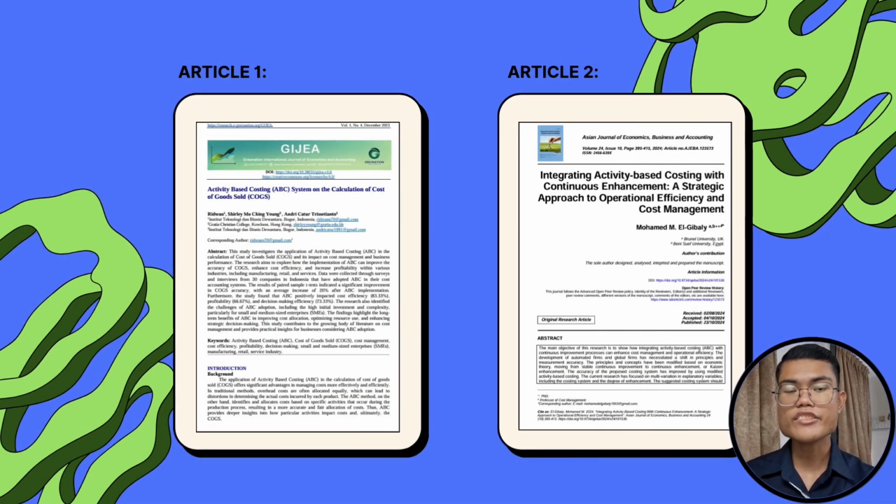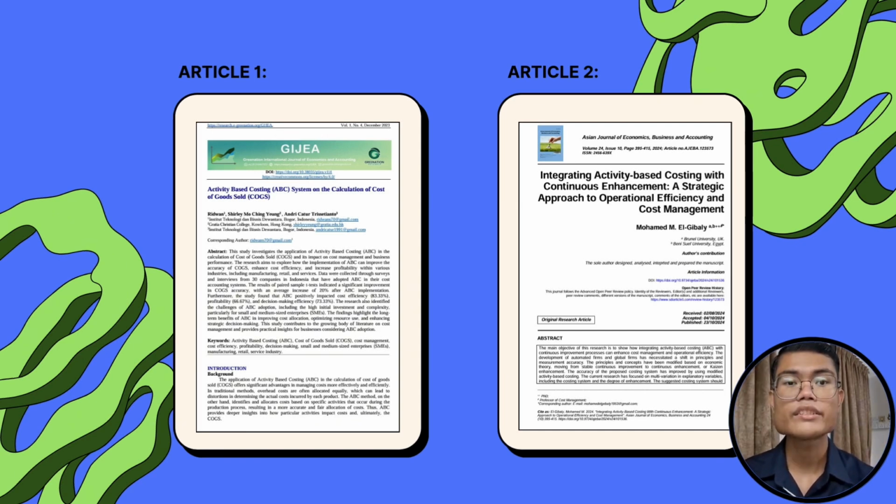To understand the advantages of activity-based costing, I reviewed two journal articles. The first article is titled Activity-Based Costing (ABC) System on the Calculation of Cost of Goods Sold (COGS). This article shows that ABC improved cost calculations, supports better decision making, and strengthens profitability. This study also reported that the accuracy of cost of goods sold calculations increased from 65% to 85% after the implementation of ABC.